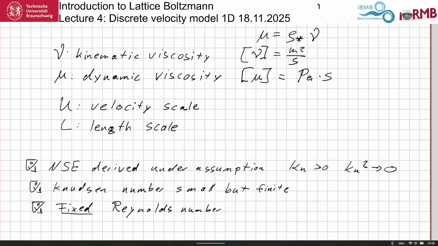By fixed Reynolds number, I mean that because we now go into discretization, we want our Reynolds number to be independent of the resolution. That may be obvious, but from a historical point of view, it is not obvious.